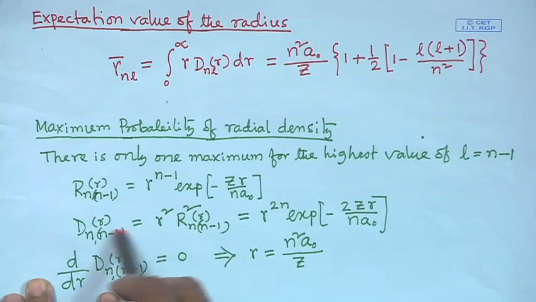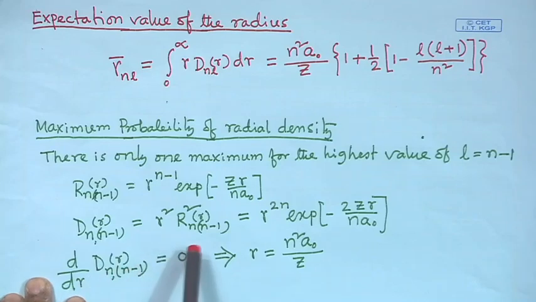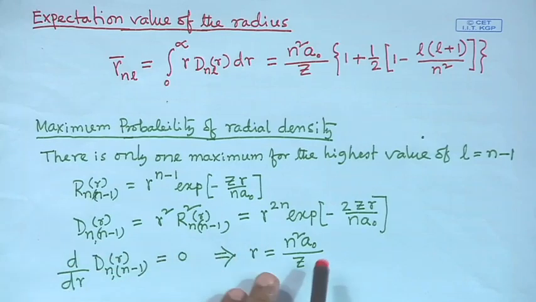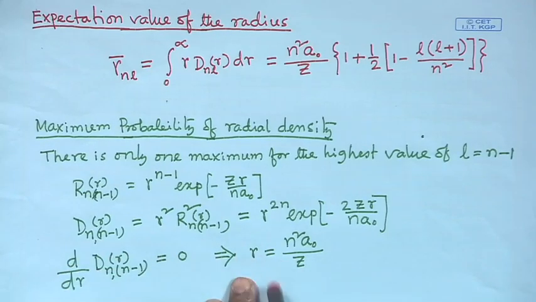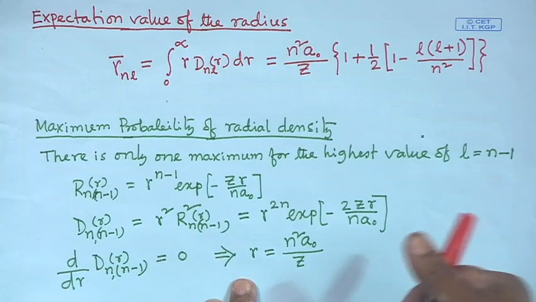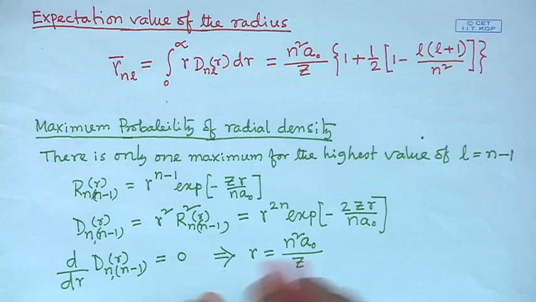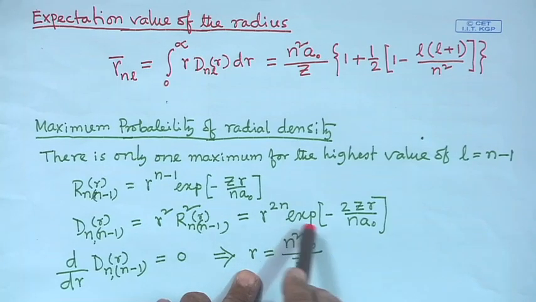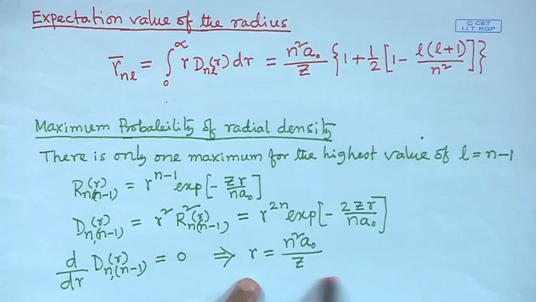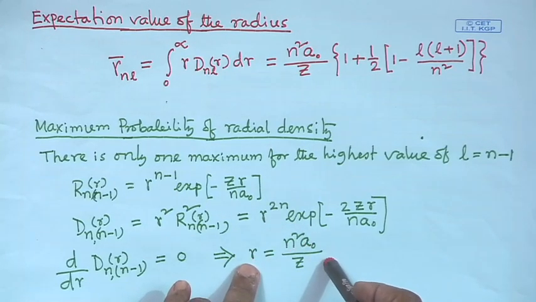If you differentiate with respect to r and make it equal to 0, then whatever value of r you get is the value where you will get the maximum probability. If you evaluate this, we get r equal to n square a 0 by z. This is exactly the same expression as we got from the Bohr model. So, it is the Bohr orbit.